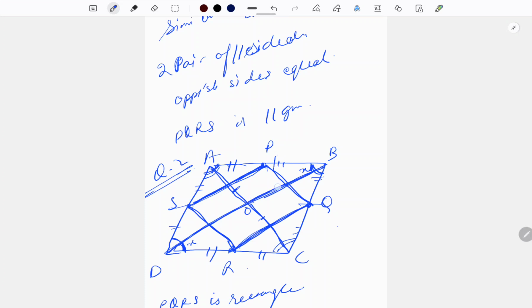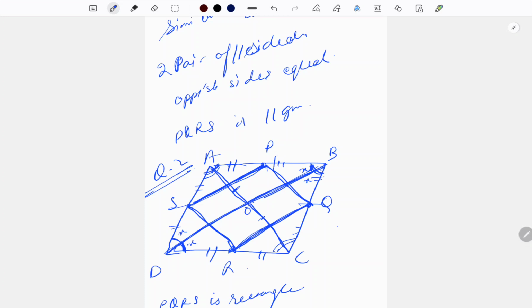By proving this congruency, we prove that this angle x is equal to x. Once the angles in this triangle are equal, this will also be equal to this.